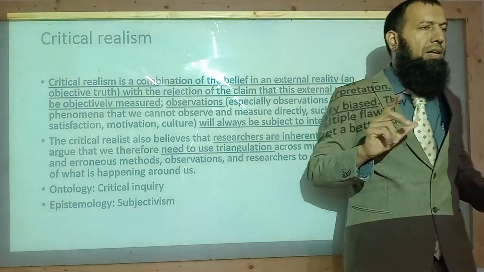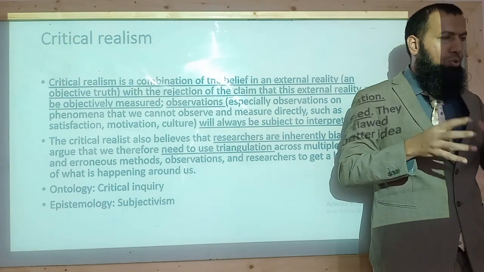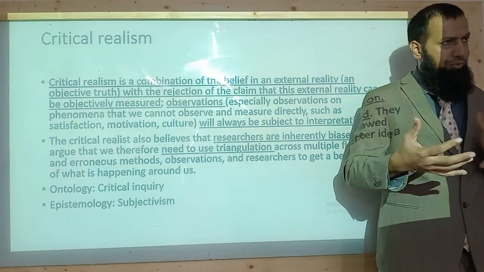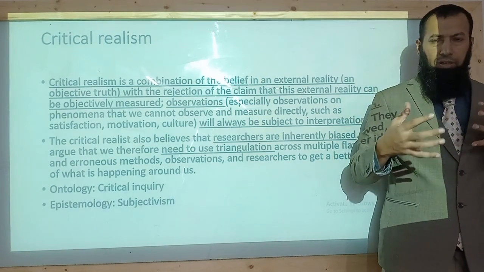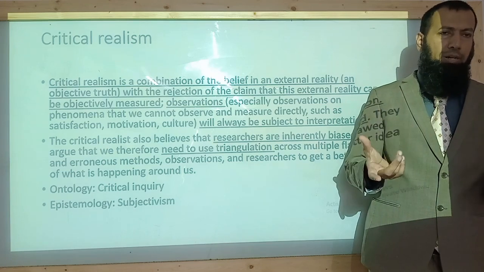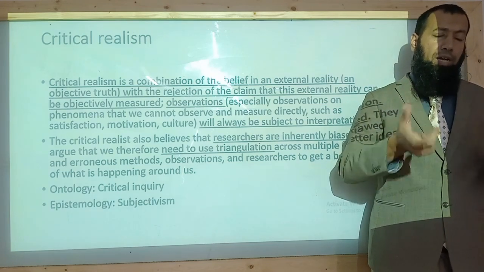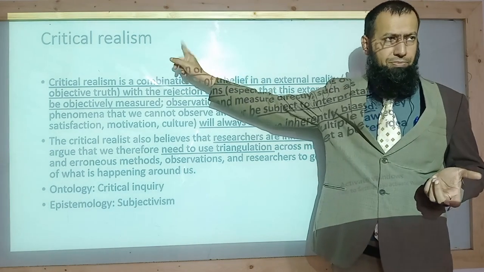Since any truth has to be interpreted, there is a relationship between both philosophies. You may measure anything objectively, but you need the interpretation of a researcher, and that interpretation is the critical realism.